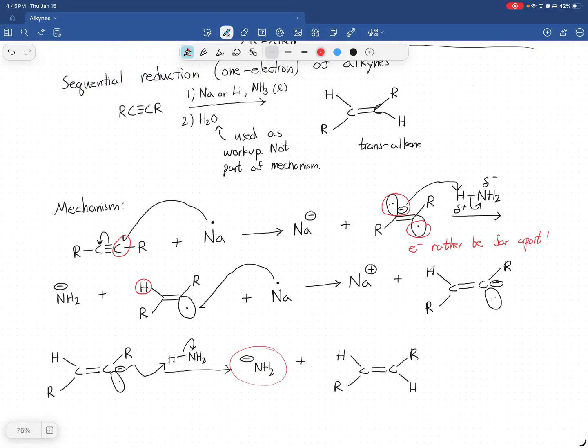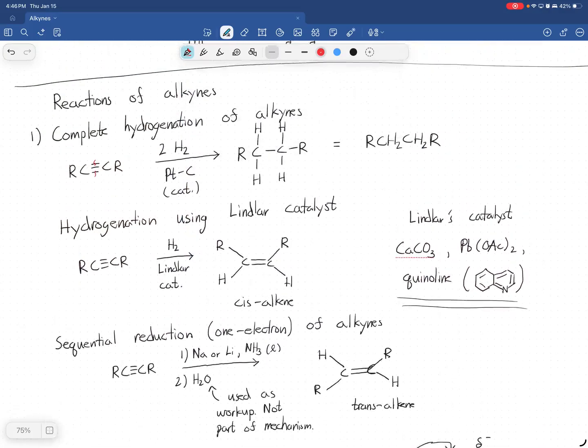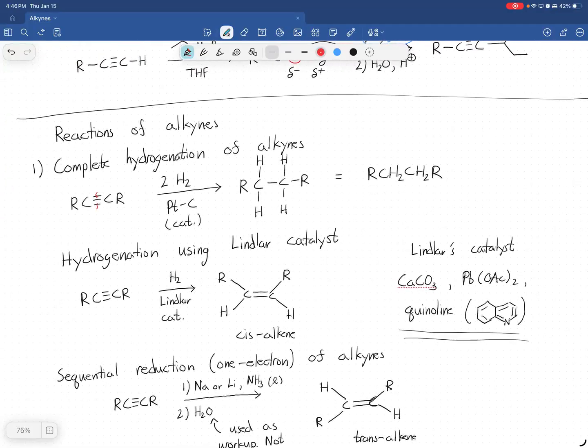Mechanistically, I would say this mechanism is fair game to be tested. So please practice how this mechanism works. And I feel like if you understand the mechanism, you understand how the reaction works as well. That's always something I try. And then for these other reactions, for the metal-based ones, the mechanisms are very similar to the alkene version.